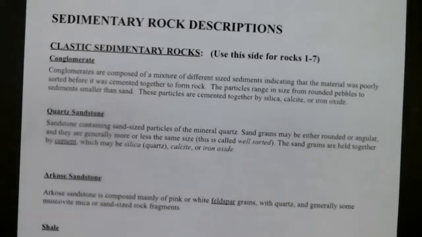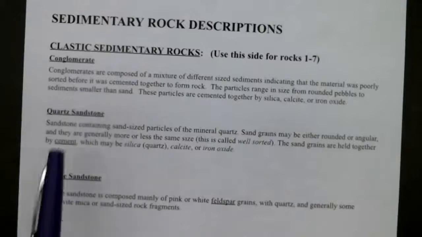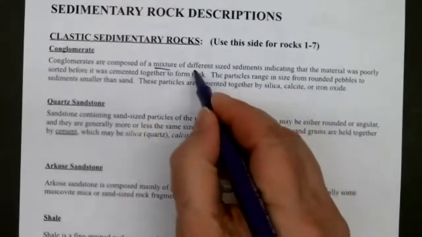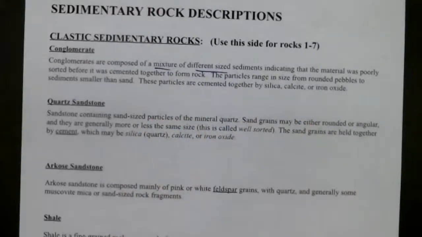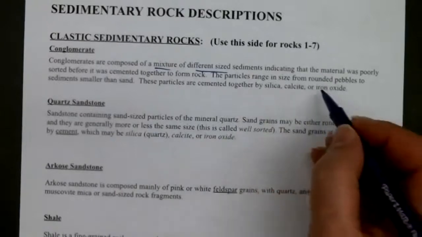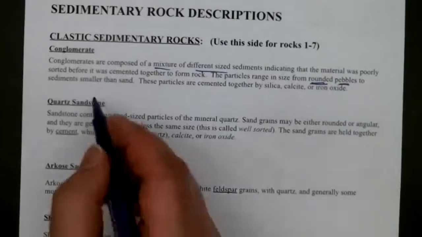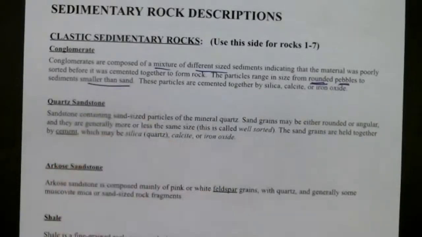So we'll just look for the first one. Conglomerate. Conglomerates are composed of a mixture of different size sediments, indicating the material was poorly sorted before it was cemented together to form rock. The particles range in size from rounded pebbles to sediments smaller than sand.